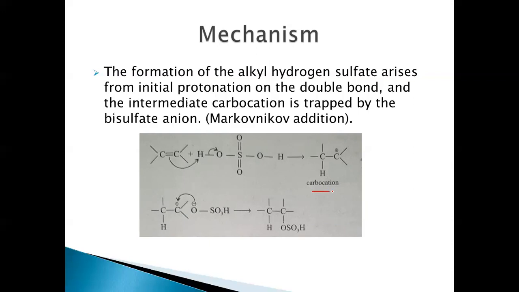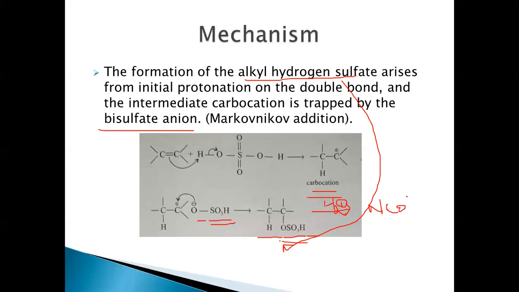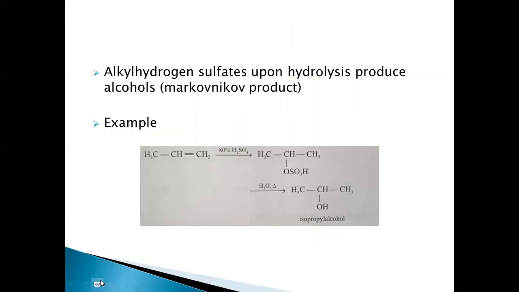The carbocation is then attacked by the bisulfate ion, resulting in the formation of an alkyl hydrogen sulfate, which on hydrolysis will give you the alcohol. Here the desired product is obtained. If we are taking unsymmetrical alkenes, it again follows Markovnikov's addition, where the negative part of the addendum goes to the carbon with fewer hydrogens.